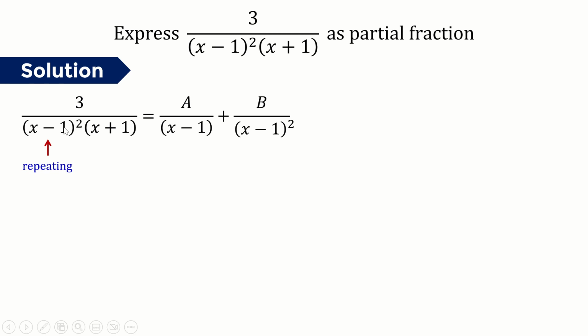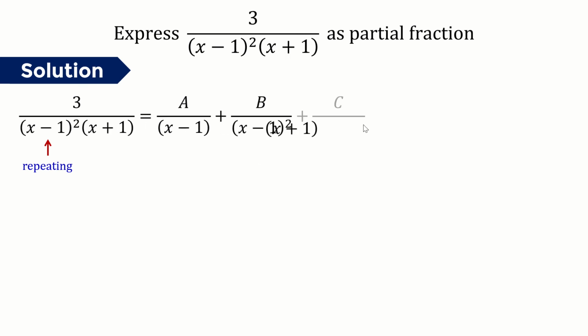So for the repeating factor, we need a fraction over (x minus 1) to the power of 1, and then over (x minus 1) to the power of 2. And for the factor (x plus 1), this will be another fraction, which is C over (x plus 1). Alright, so we complete the decomposition.